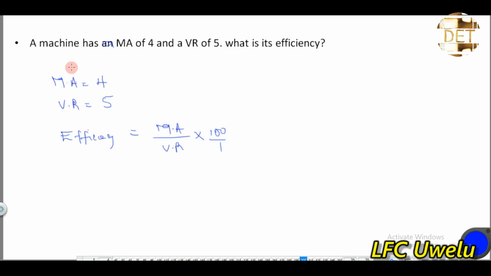So 4 over 5 times 100 over 1. 5 into 100 is 20. So 4 times 20 is equal to 80%. So the efficiency of this machine is 80%.